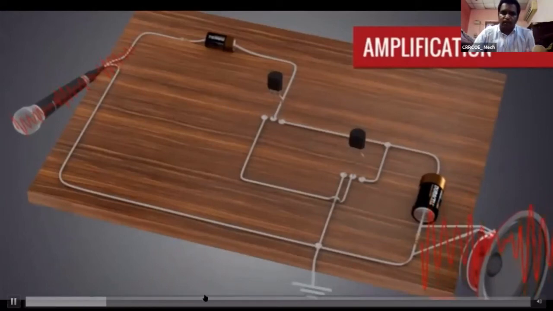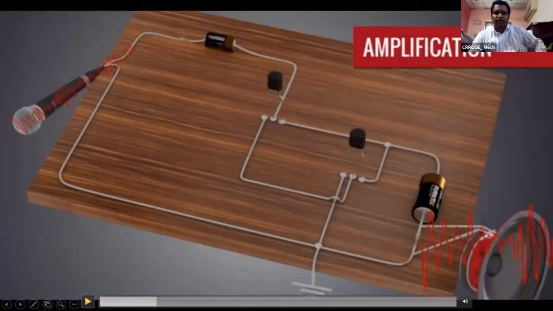You already know what amplification is. You have seen speakers: the low voice is amplified and given to the speakers for a loud voice. For this purpose we use transistors. Not only sound, light can also be amplified by using transistors.